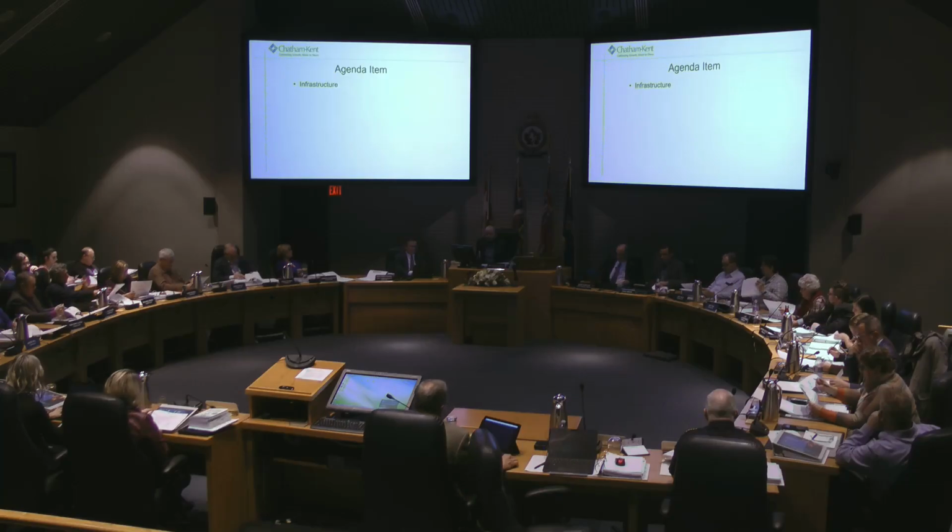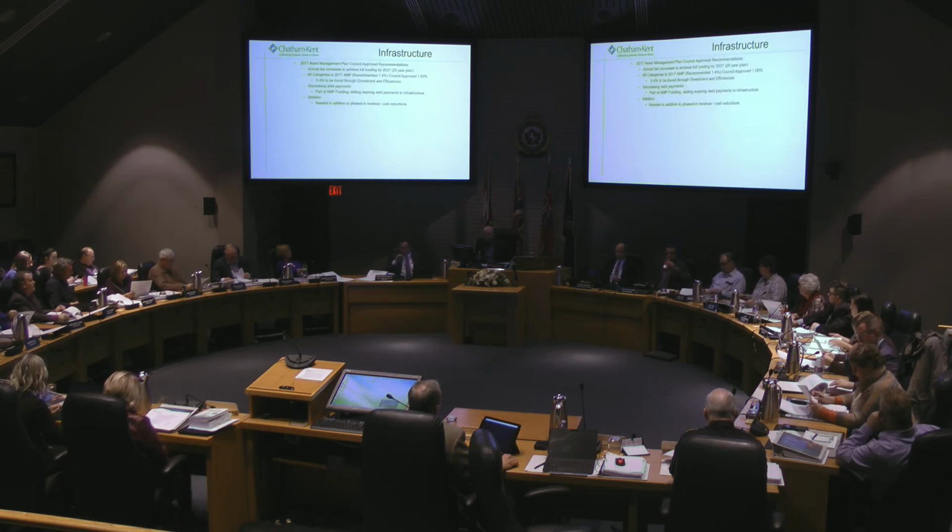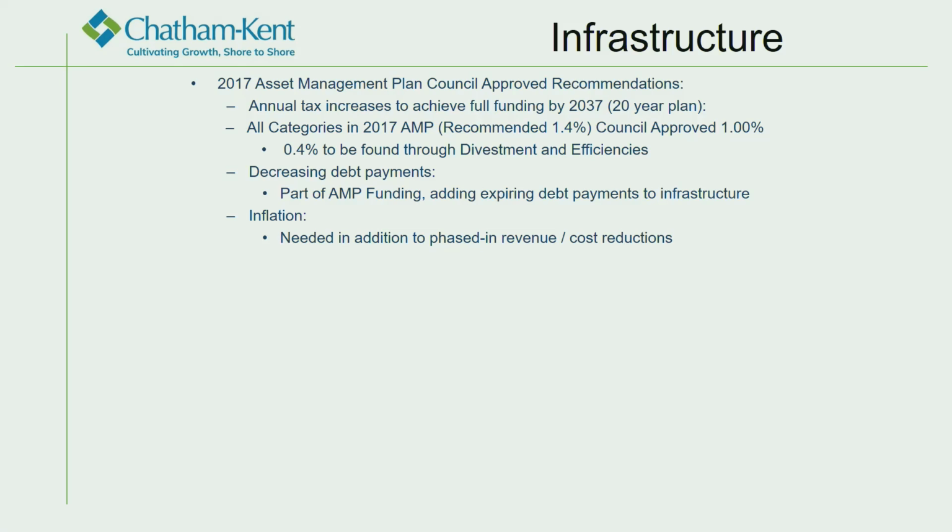Thanks, Steve, and I'll take the next few slides on infrastructure. So again, I know I've repeated this a couple of times, but we have our asset management plan, approved recommendations from the 2017 asset management plan.